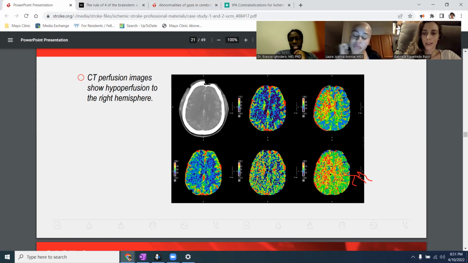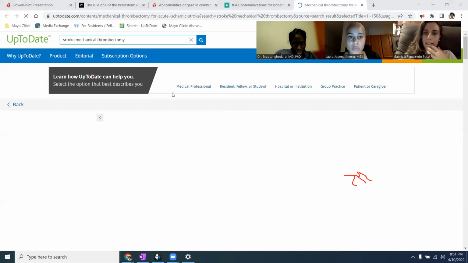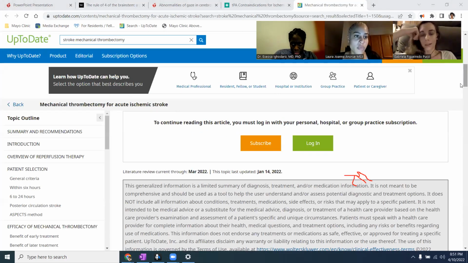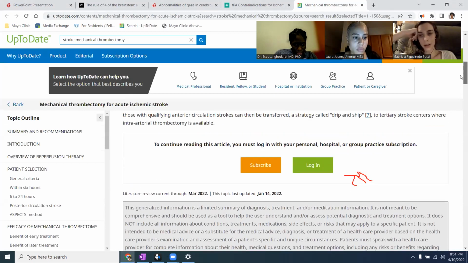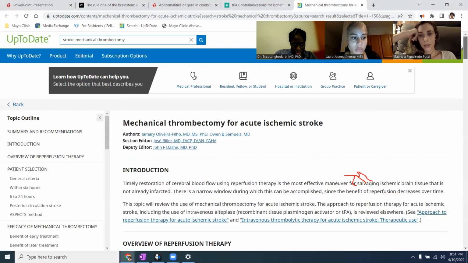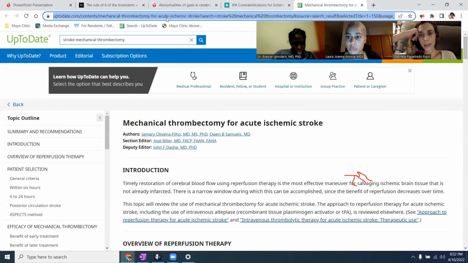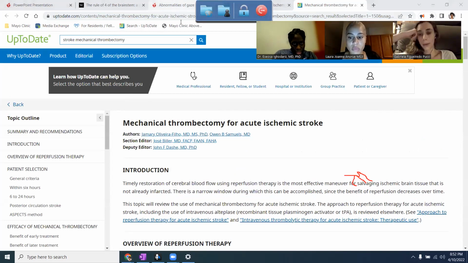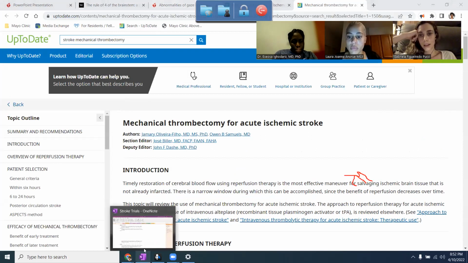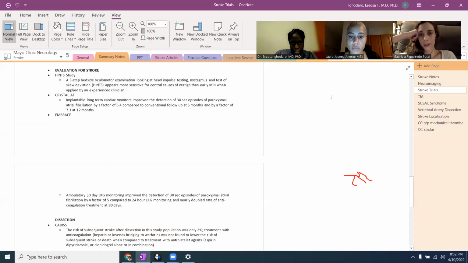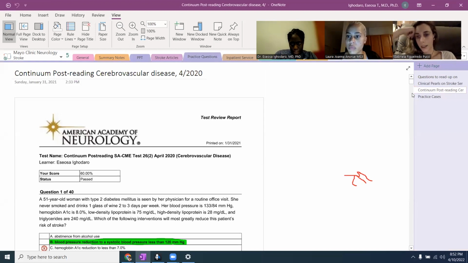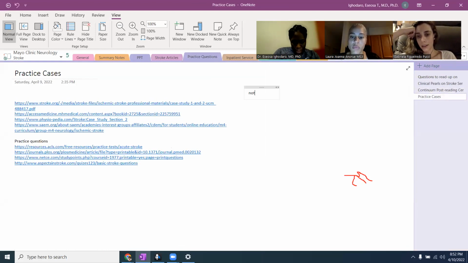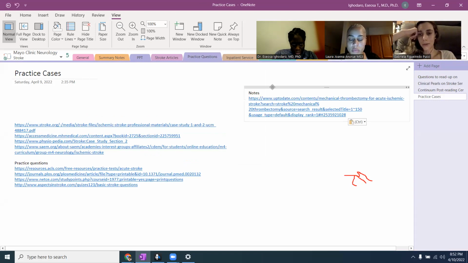Yeah, makes sense. I'm sending an algorithm from UpToDate where they summarize some of the trials that used these images to decide if the person is eligible for mechanical thrombectomy. It says that in the trial, and DIFFUSE 3 trial, they required some numbers for the ischemic core volume.